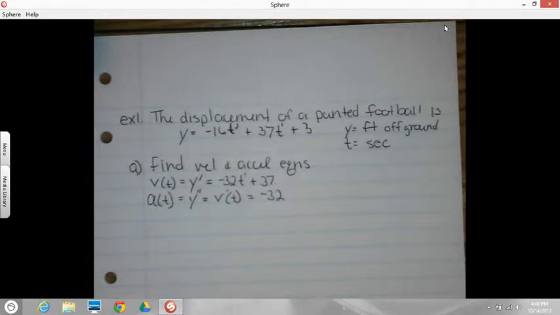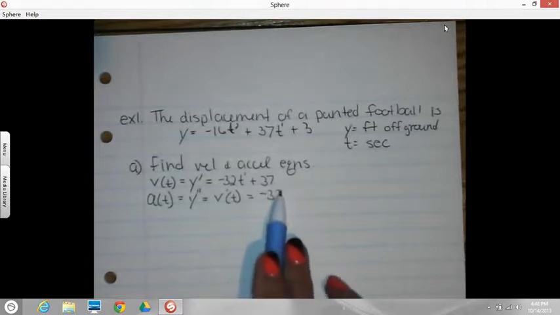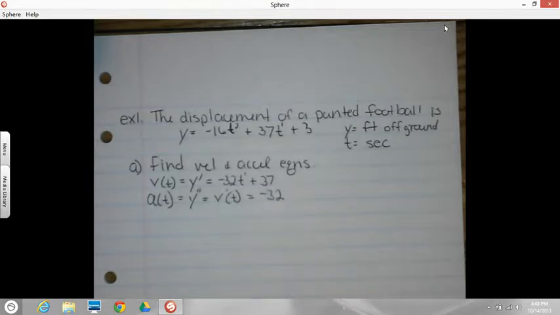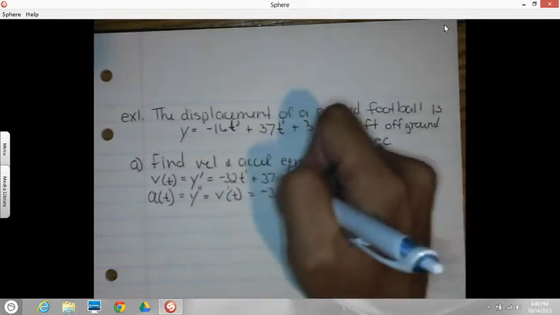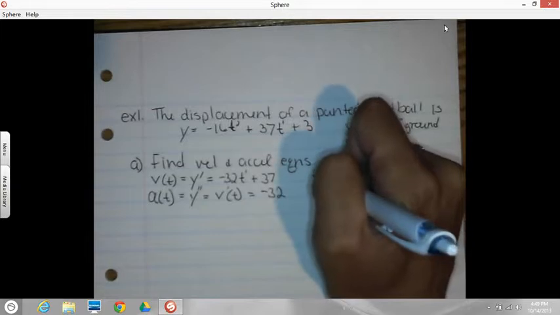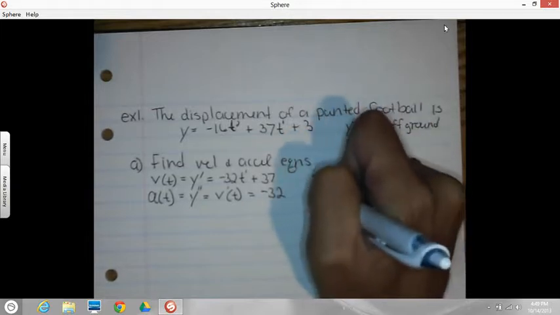And if you are in physics, negative 32 should be a number you are familiar with. Has something to do with gravity. We'll leave it at that. Oh, we should have done units. In velocity, this equation is going to be feet per second. And this will be feet per second squared.